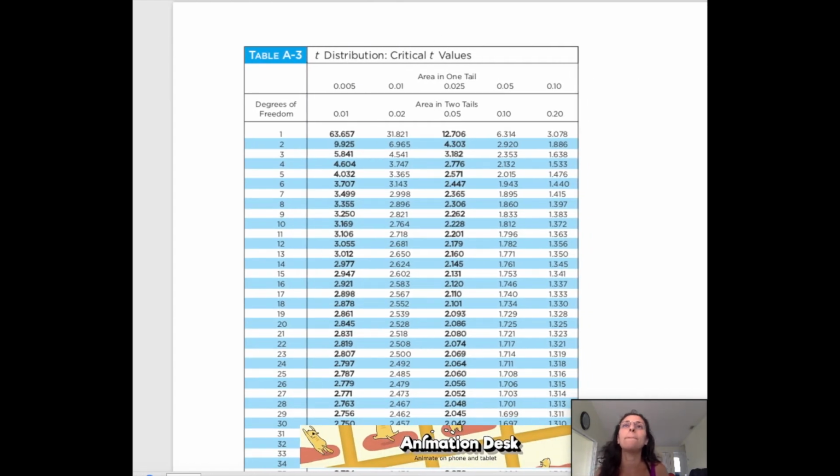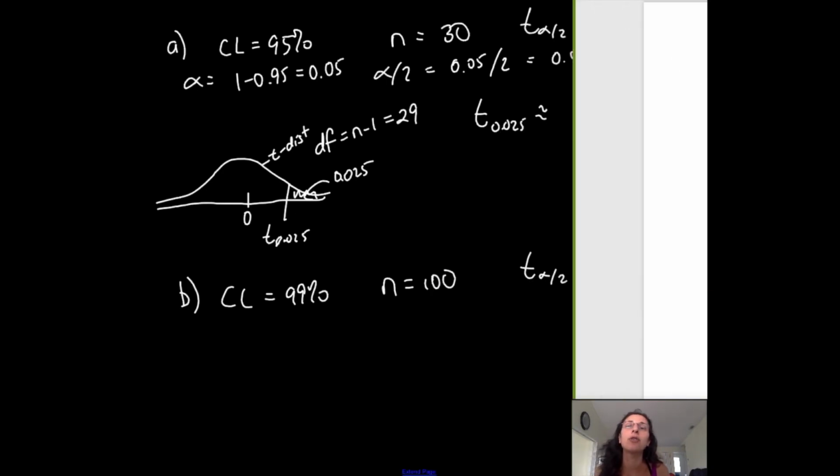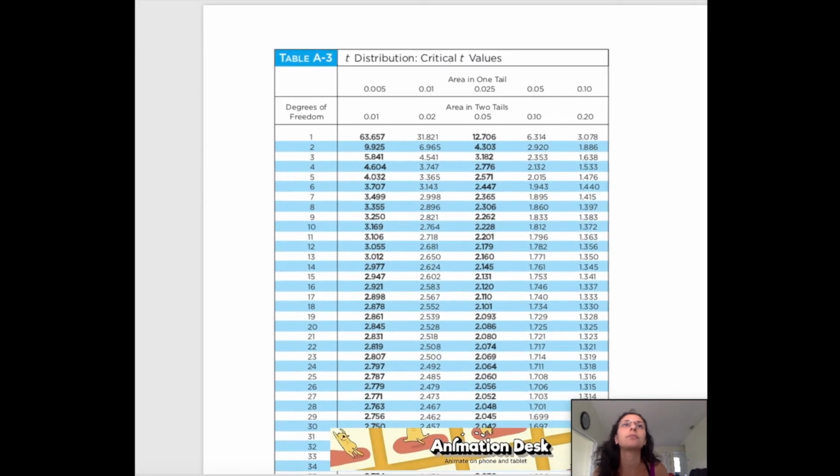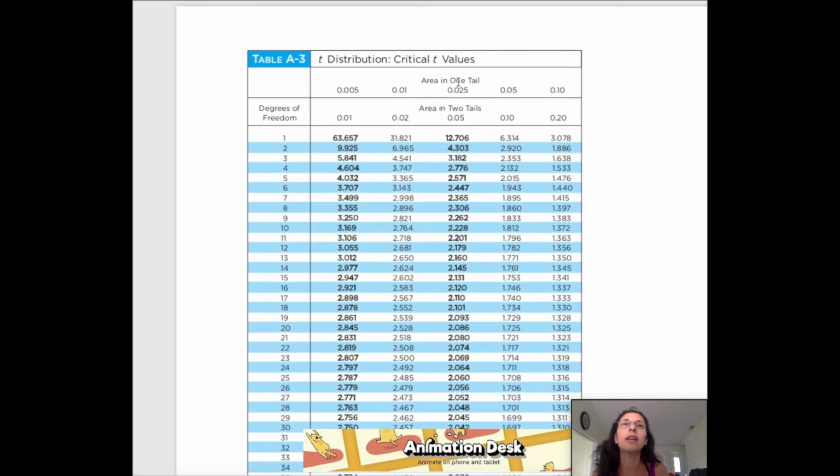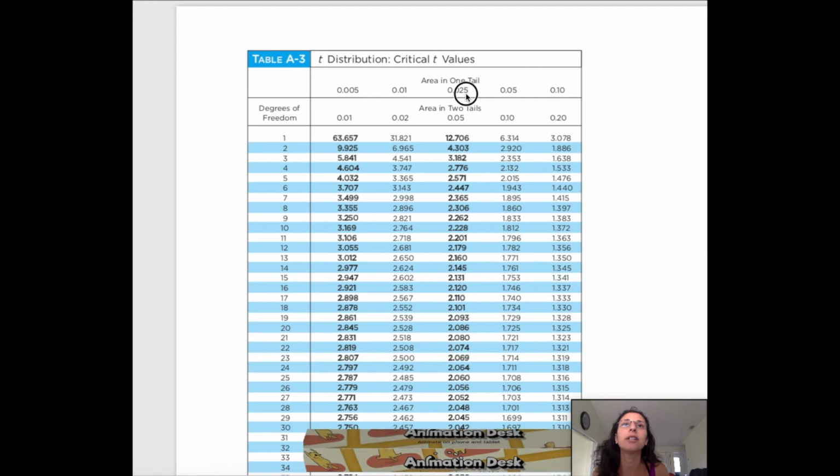So I'm looking for area in one tail or area in two tails. Both of them are going to be the same column. Degrees of freedom, I have all that. So my area in one tail is 0.025, right here.